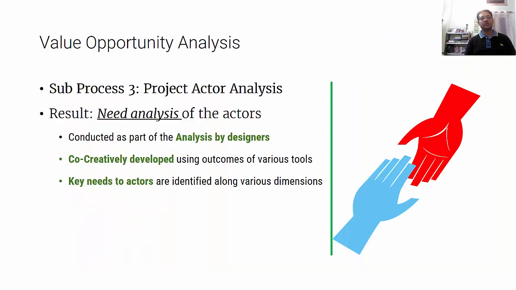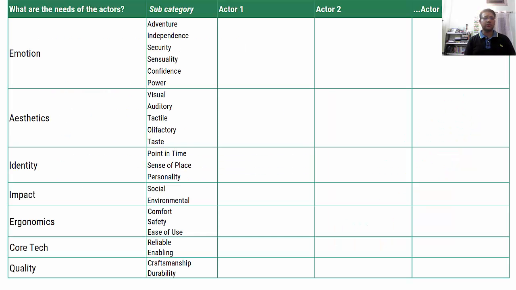The third tool is the value opportunity analysis, and this results in the need analysis of the actors, and it is conducted by the designers. It is something that is co-creatively developed along with other actors in the system. This is what the tool looks like, and on the leftmost column you will see the different types of needs of actors that are there.